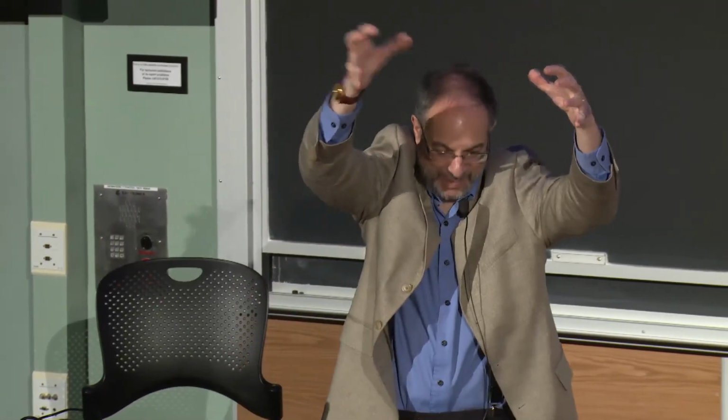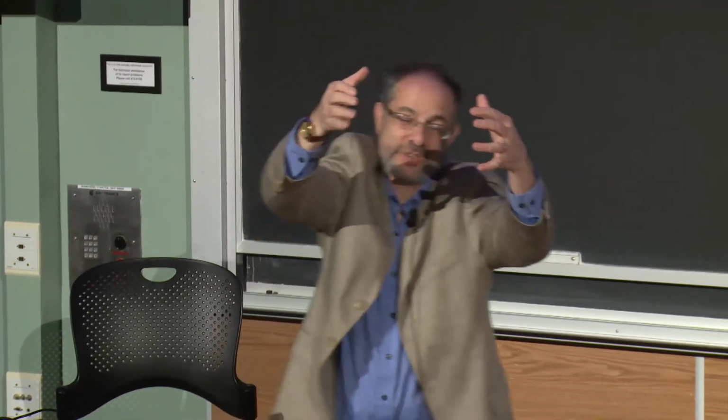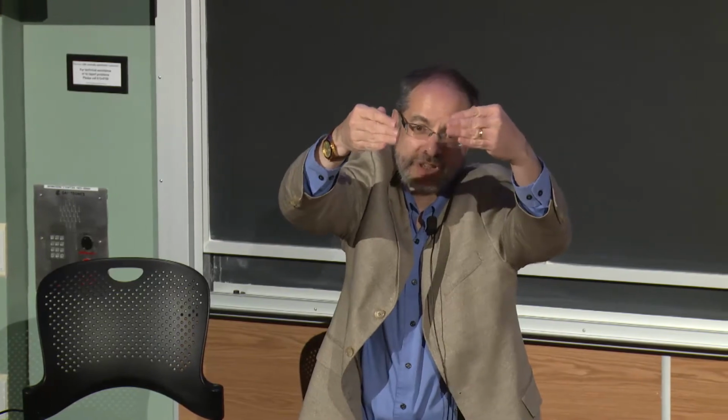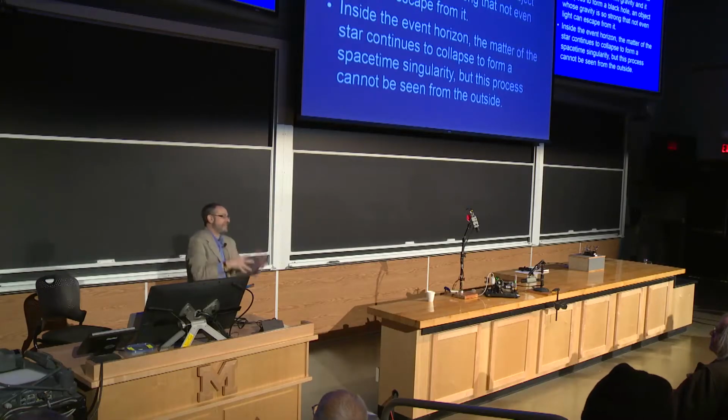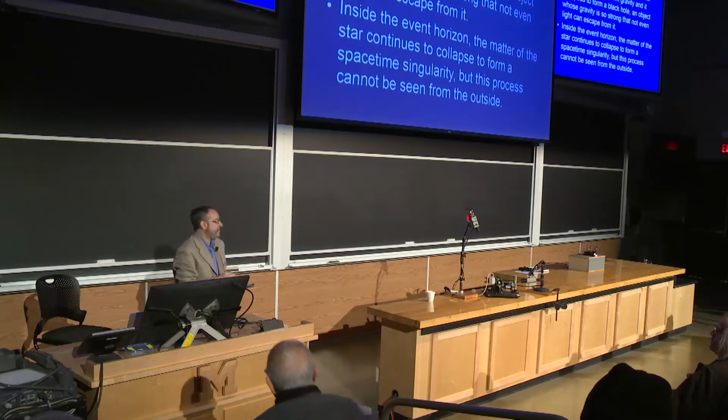So for our purposes, we think of just this imaginary place where the gravitational field just becomes strong enough to pull light in. And we call that the event horizon. And everything inside the event horizon is something that we'll never find out about.